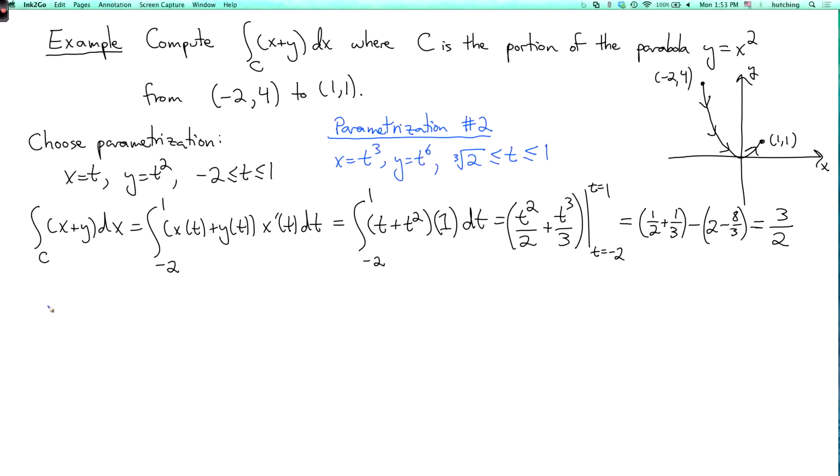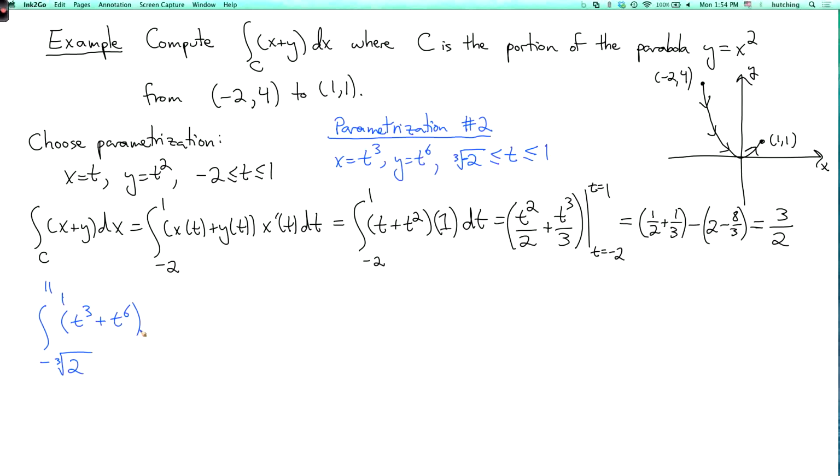Okay, so what do we do if we do it that way? Well, then I get the integral from, sorry, this is the cube root of -2, excuse me. So I start at minus the cube root of 2, then I go up to 1. And now I have x of t, which is t cubed, plus y of t, which is t to the 6th.